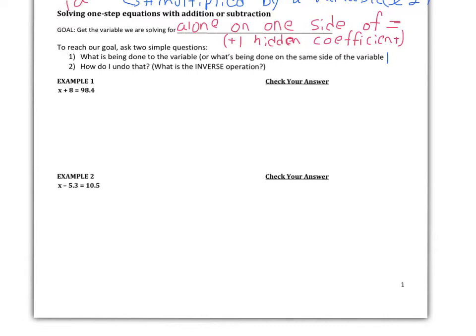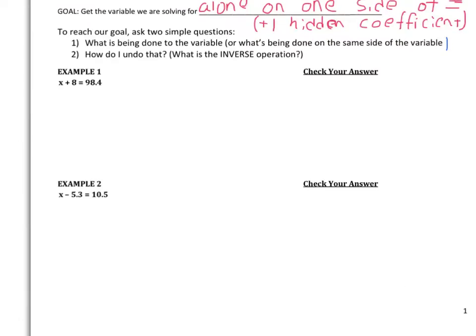Now, inverse operations. The inverse of addition, you should say, is subtraction. The inverse of multiplication is division. Or you can say, what's the inverse of division? Well, multiplication.